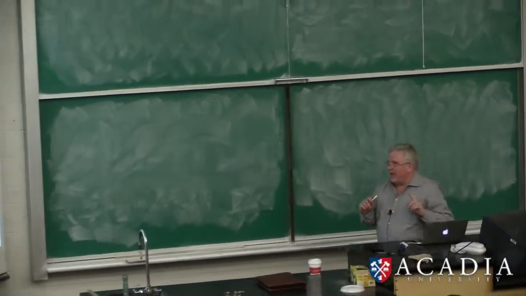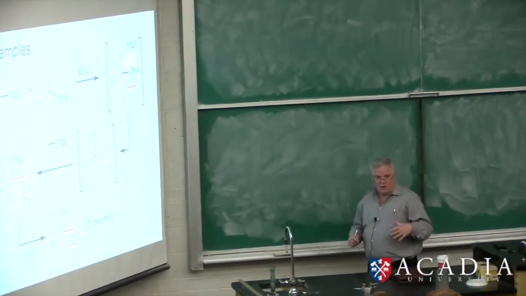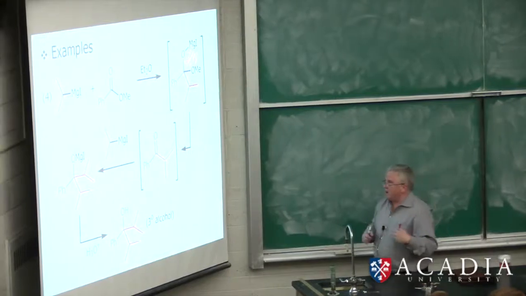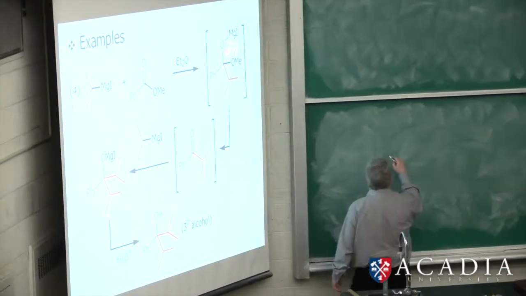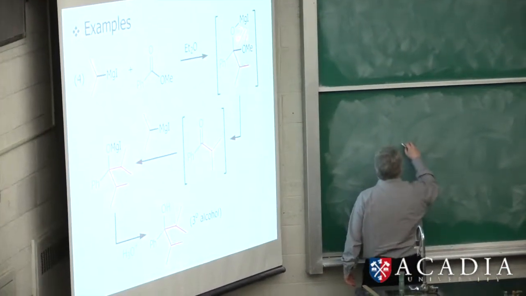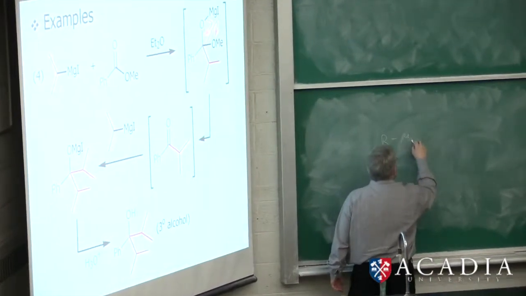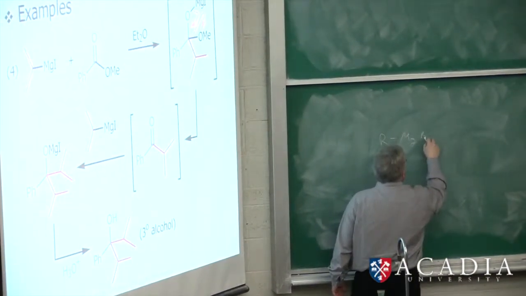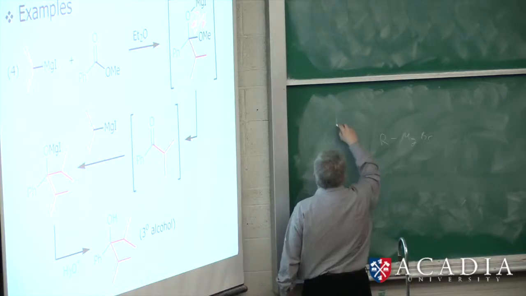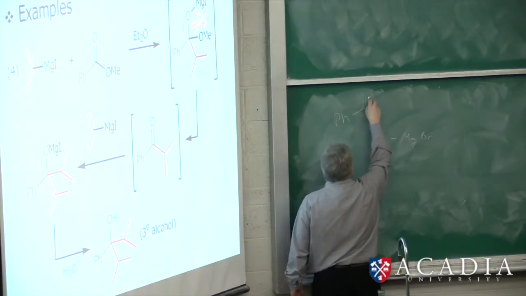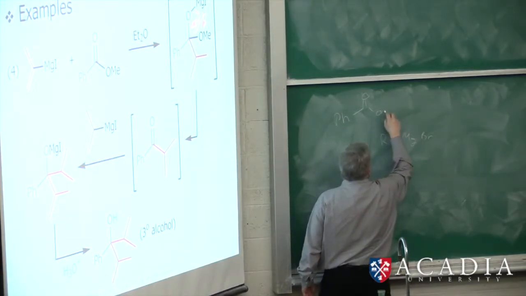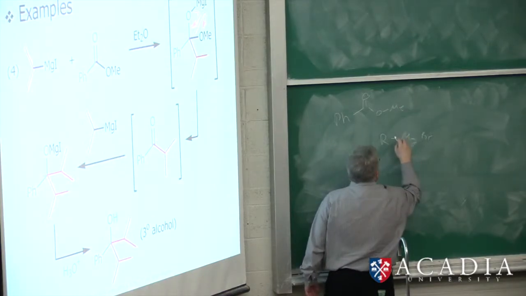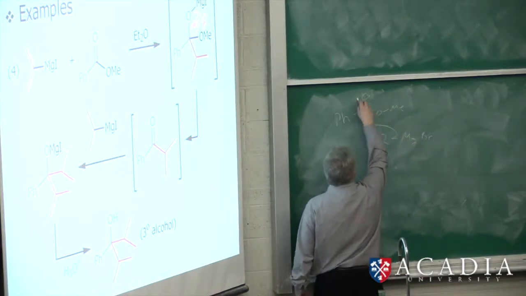And if we add a Grignard to an ester, we need two equivalents of Grignard, and let's just remind you why. We have our ester. I'm going to use this ester. So we get our attack at the carbonyl compound.